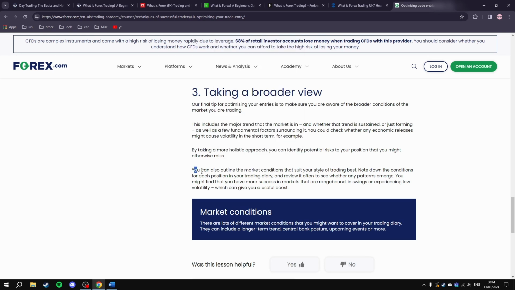You can also outline the market conditions that suit your style of trading best. Note down the conditions for each position in your trading diary and review it often to see whether any patterns emerge. You might find that you're more successful in markets that are range bound, in swings, or experiencing low volatility, which can give you a useful boost.